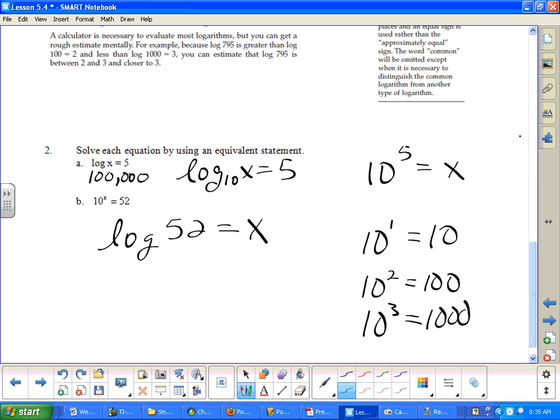Between 10 and 100, right? So then my answer for this problem is going to be between 1 and 2. If this said the log of 729, then my answer would be between 2 and 3 because 729 is between 100 and 1,000. So you just type that in your calculator.